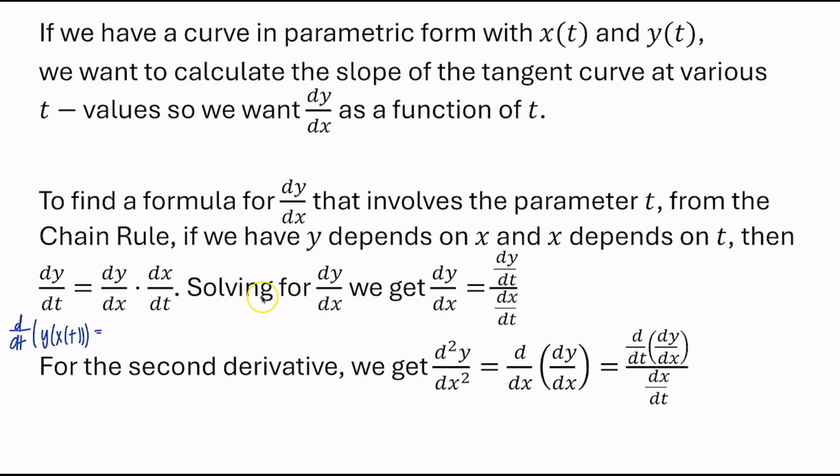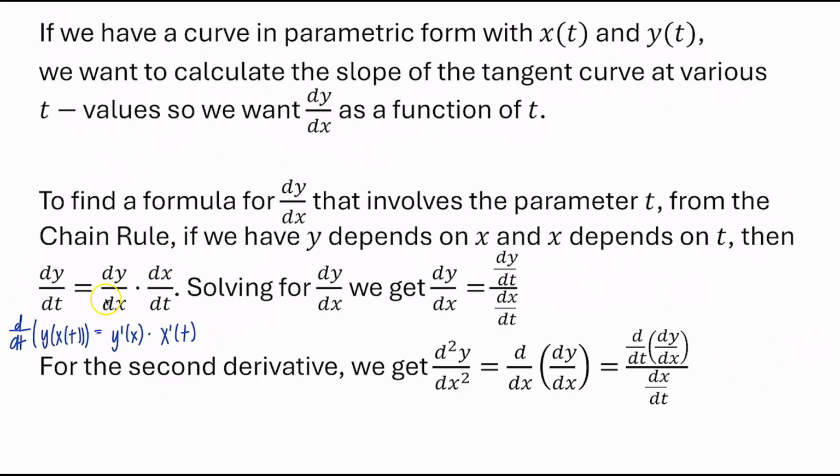So here, how would we take the derivative of this? We would take the derivative of y with respect to x, so that's y prime of x, times the derivative of the inside, that's x prime of t. Well, y prime of x, that's dy/dx, and x prime of t, that's dx/dt.